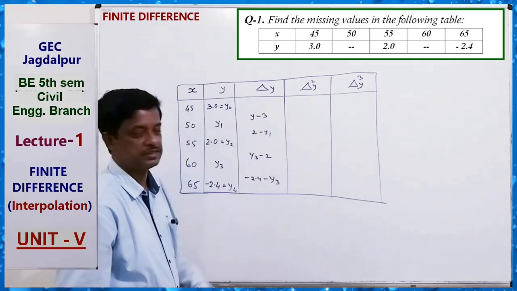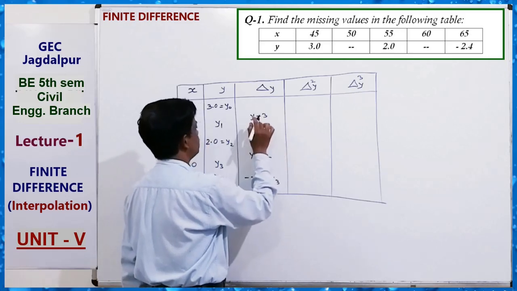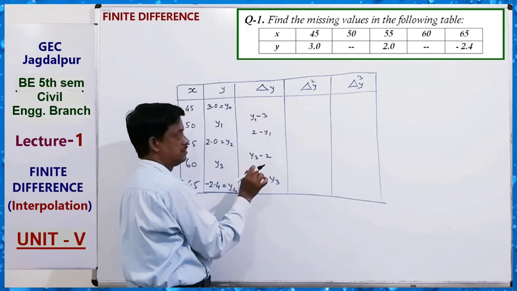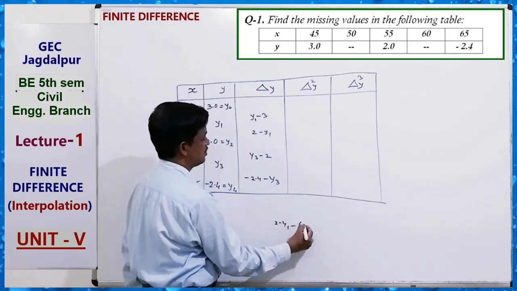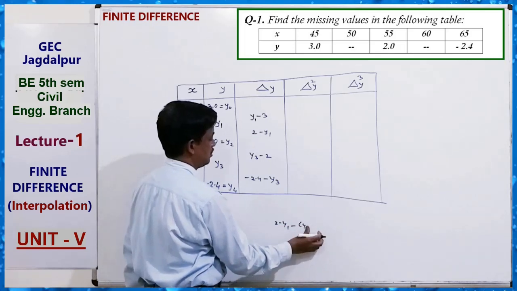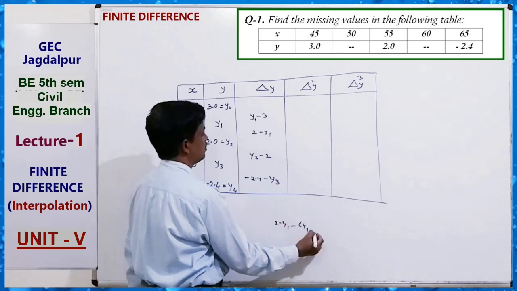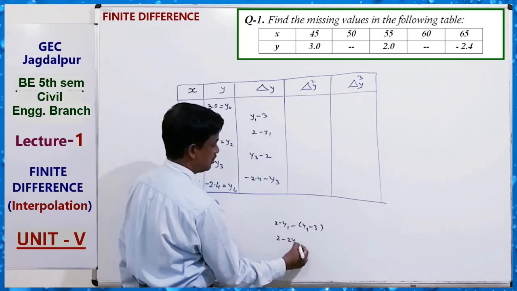And the second differences, this minus this: 2 minus y1 minus y1 minus 3, so 2 minus 2y1 plus 3.